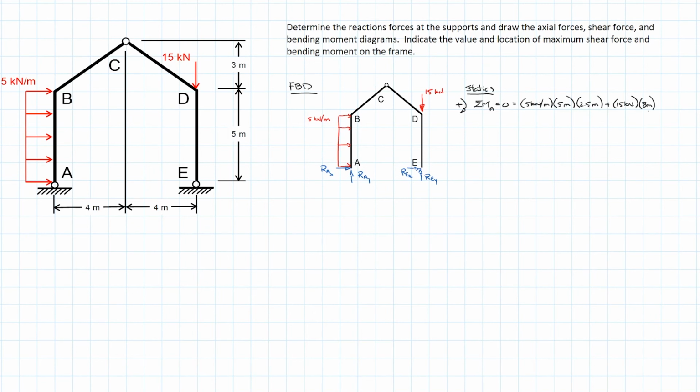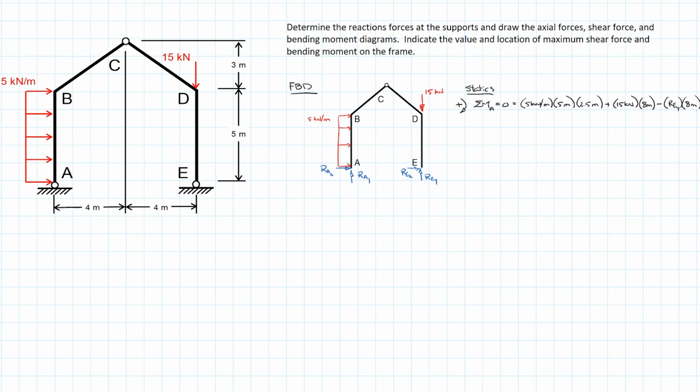And the reaction EY tries to turn it counterclockwise. We'll put it in as negative reaction EY, and it also has a perpendicular distance to it of 8 meters. You'll note that the reaction E at X passes through the point A, and so it has a perpendicular distance of 0, and so it doesn't come into play.